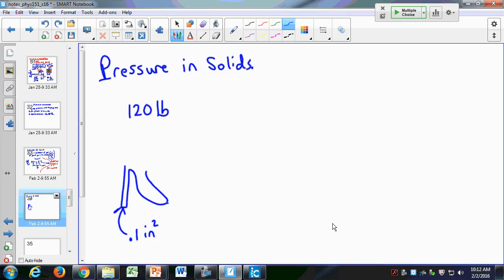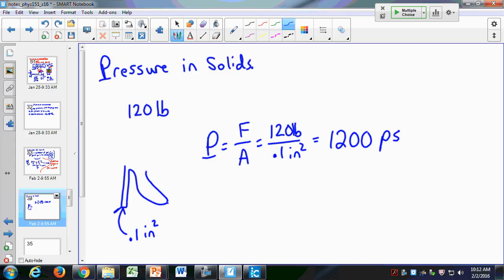If you calculate the pressure, say she's standing on just one heel, the pressure is force divided by area, which is 120 pounds divided by 0.1 inches squared. That's a pressure of 1,200 psi, or pounds per square inch, on that heel. In contrast, if she's wearing sneakers, sneakers have, I don't know, 24 or 30 square inches.